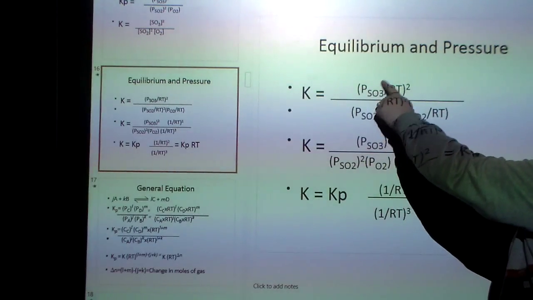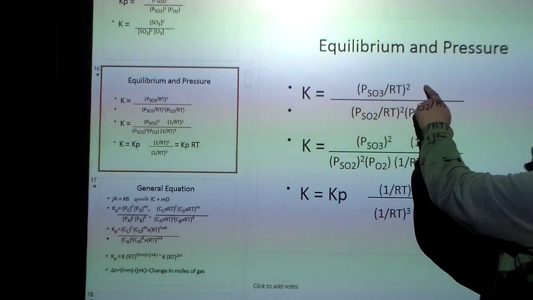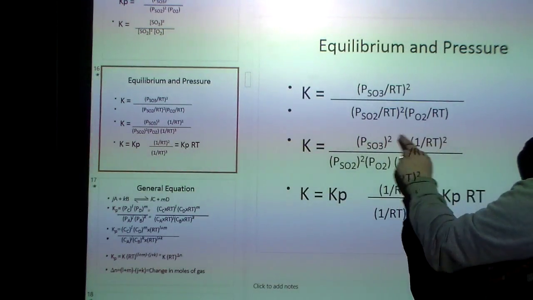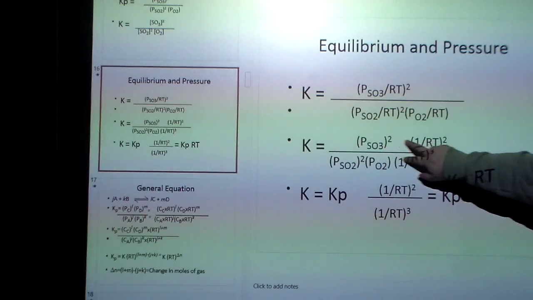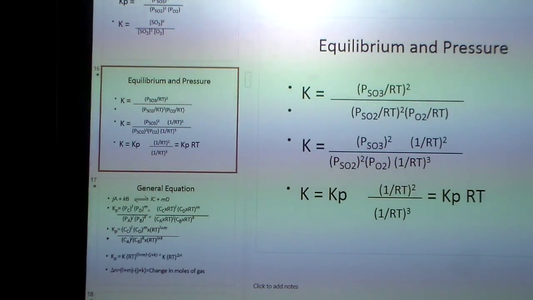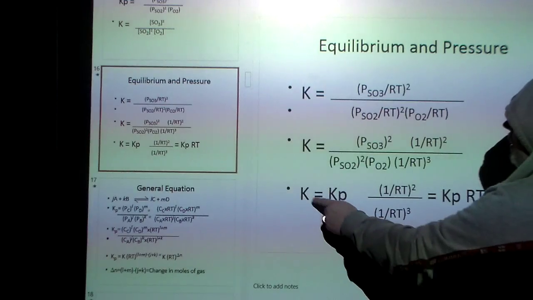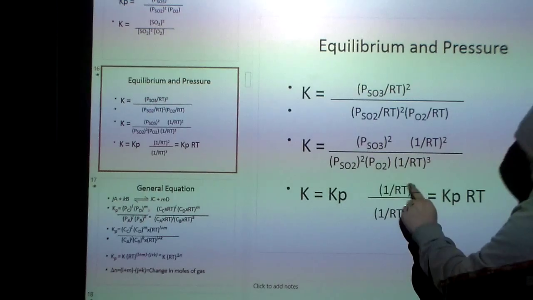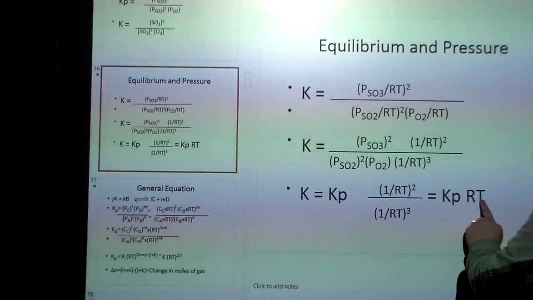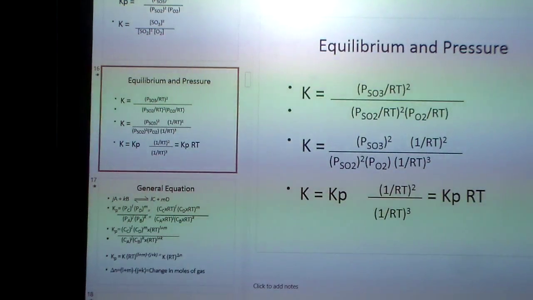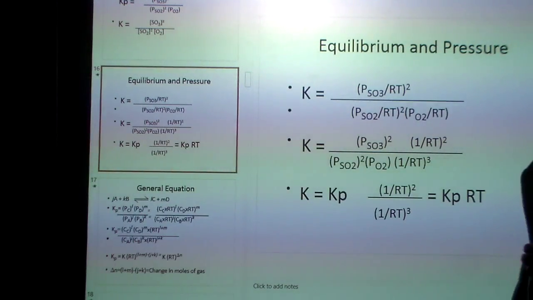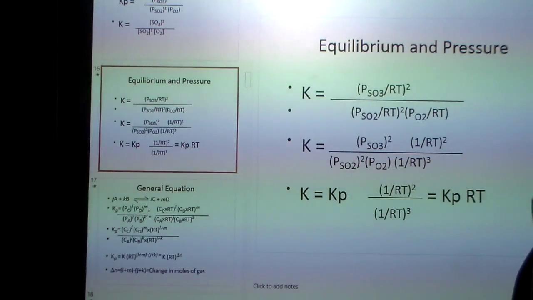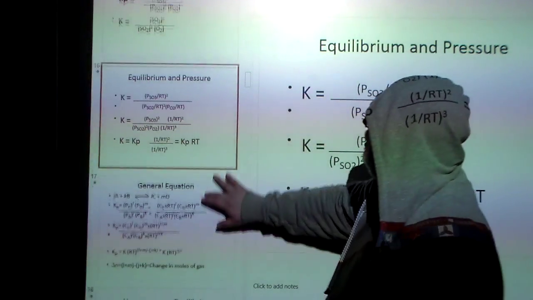But we're looking at the pressure divided by RT, and again, squared. Why? Look at the original equation, and we did the same thing down here. Now we can separate the 1 over RTs and divide those out, and what we get is K is equal to Kp times RT. So we can take the constant divided by RT, and we'll get the pressure constant if you have the concentrations.